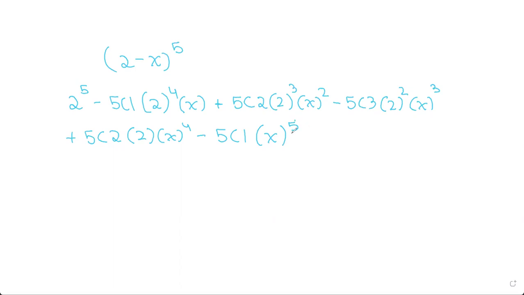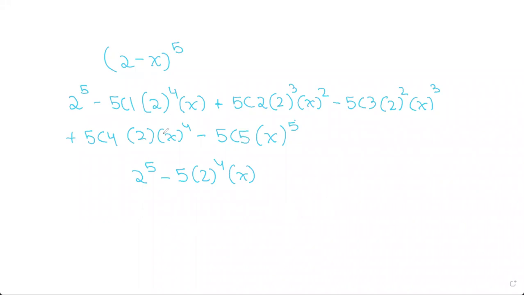Okay. Now, if we continue with this, we get 2 to the power of 5 minus 5 into 2 to the power of 4x. Sorry, this is supposed to be 5c4, and this is also 5c4 and 5c5. Yeah, okay.